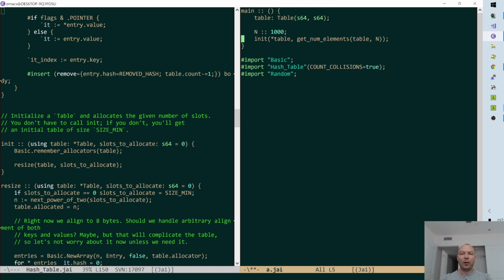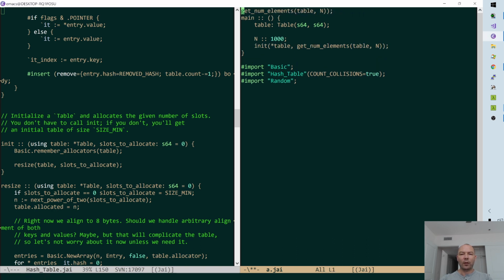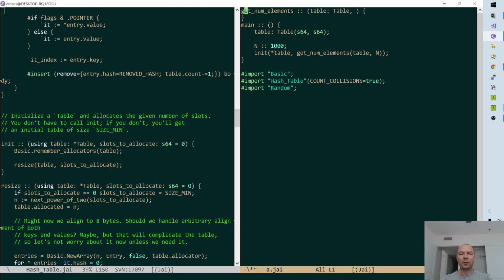We're going to have some get num elements that does something, right? It takes some table, and we want to make the table big enough that the load factor times the table size is greater than or equal to n, right?